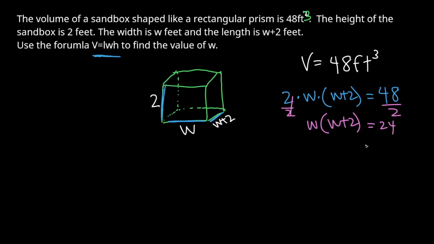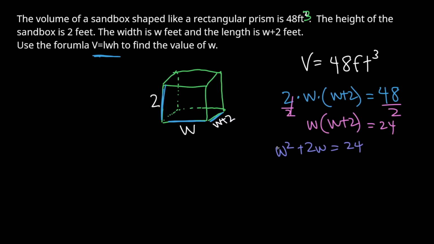Now, we can't use the zero product property just yet because it doesn't make sense with how our problem's set up. So what we want to do is expand this and multiply it out. So we'll distribute that W. We get W squared plus 2W equals 24.